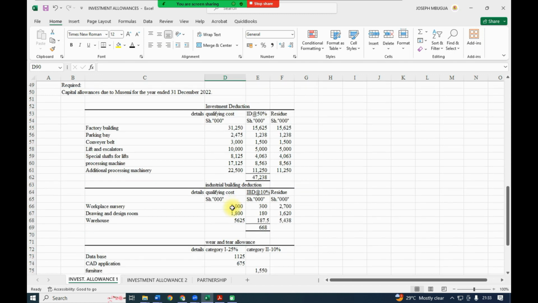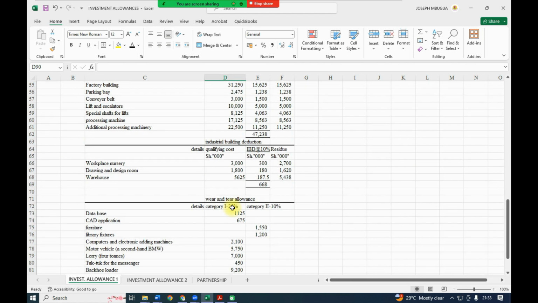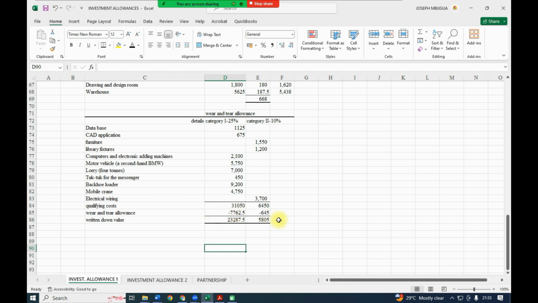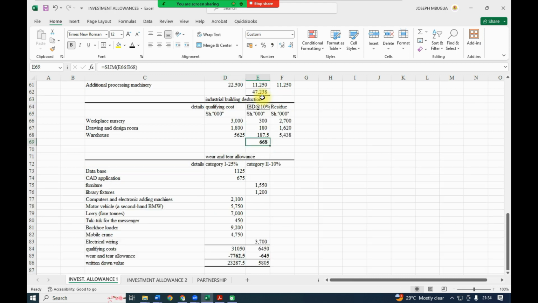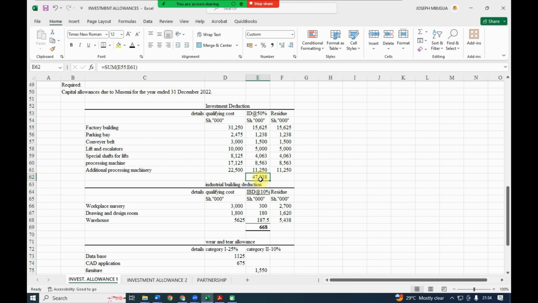So we had investment deduction there 47, IBD at 668, and wear and tear, these two. These two are for wear and tear. You can just bold that, and I bold this. So the bold is the item, the figures. If you are preparing the adjusted statement of profit or loss, these are the values that we shall deduct under less allowable deductions omitted, the figures that are omitted from calculating the taxable income.